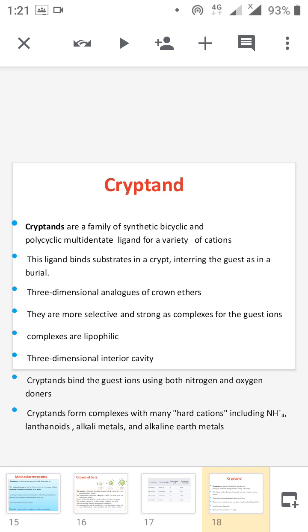lyophilic in nature, and the cryptand has a three-dimensional interior cavity, and the cryptand binds the guest ion using both nitrogen and oxygen donors.